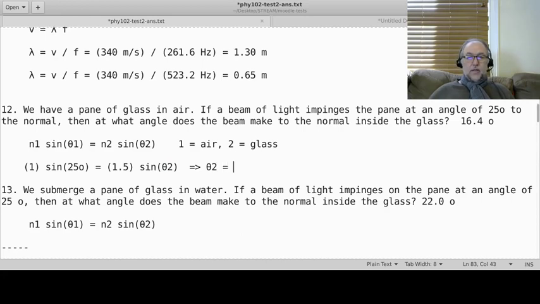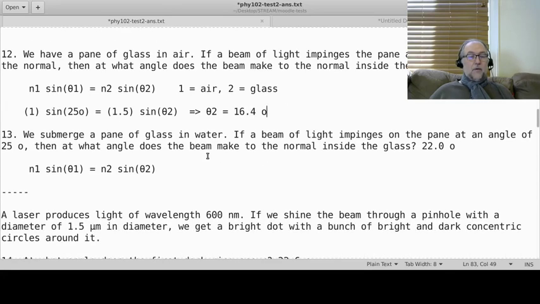It'll turn out to be 16.4 degrees. So in air, we have 25 degrees, and in the glass, we would have 16.4. Remember that the ray or the beam of light will always bend towards the normal in the material with the higher n. So lower n, 25 degrees, higher n, 16.4 degrees.